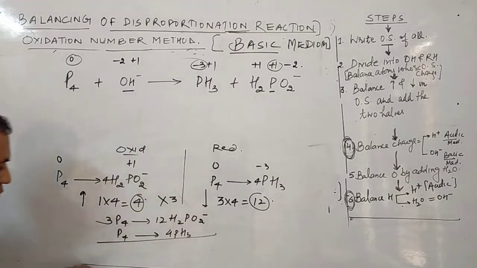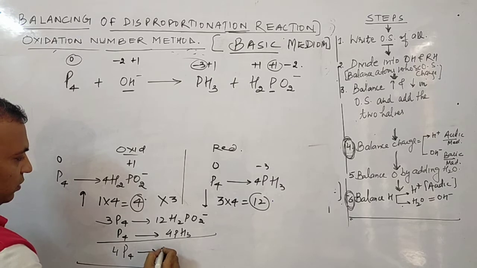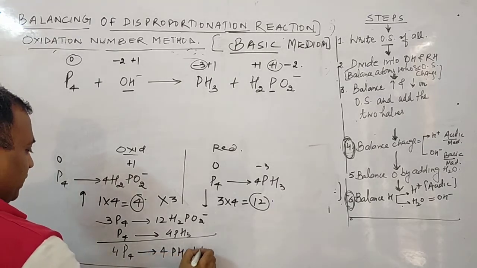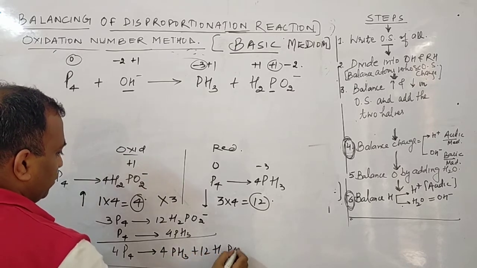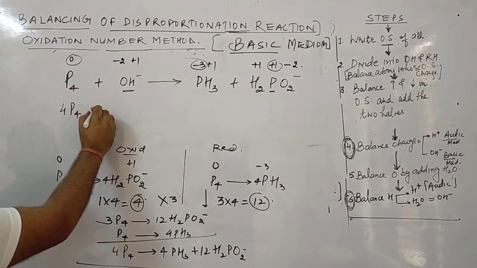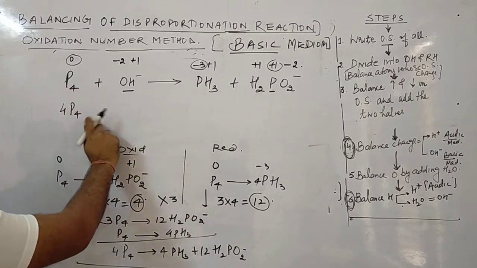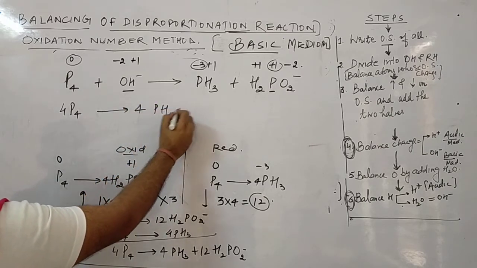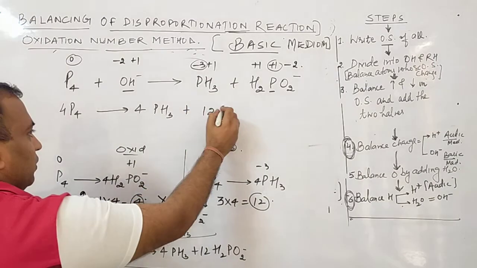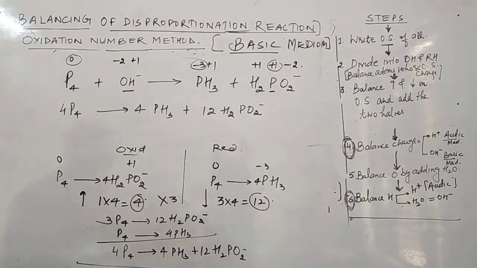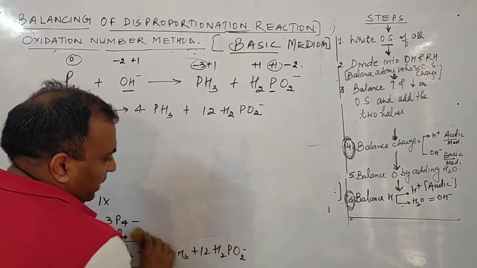On adding, what will you get? 3 plus 1, 4P4 gives you 4PH3 plus 12H2PO2 negative. This you will write here: 4P4 giving you 4PH3 plus 12H2PO2 negative. Okay, so I simply remove it and make the space.